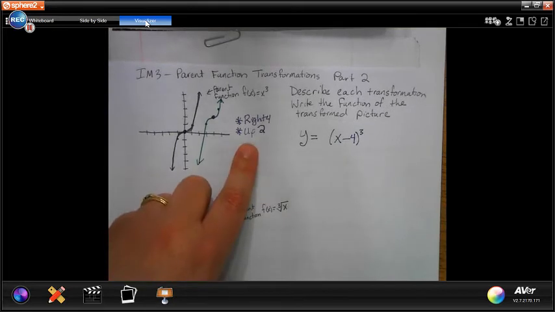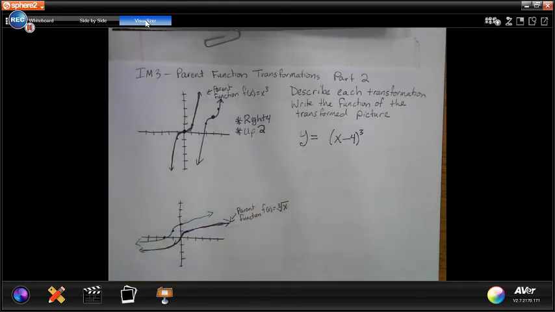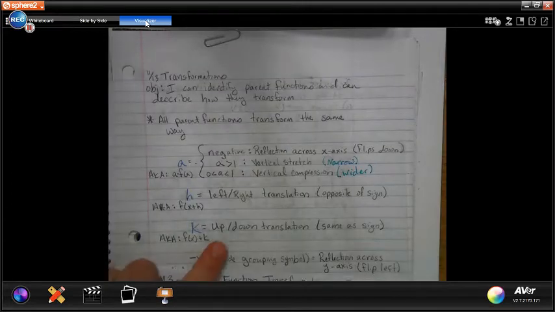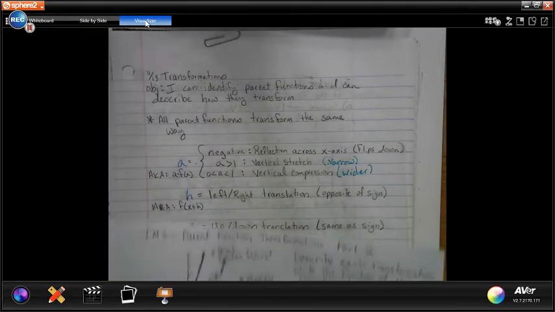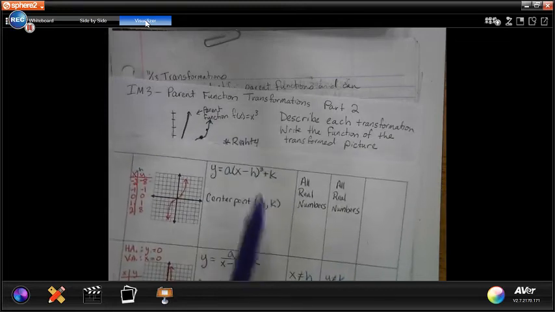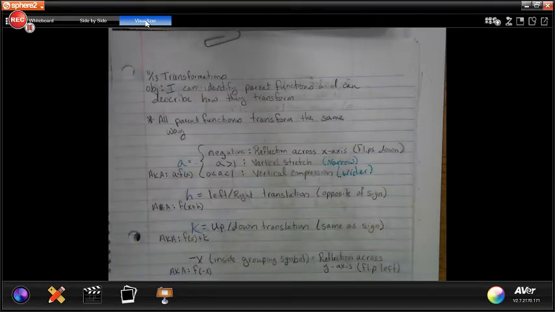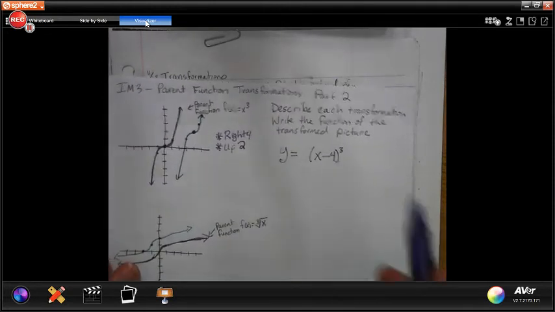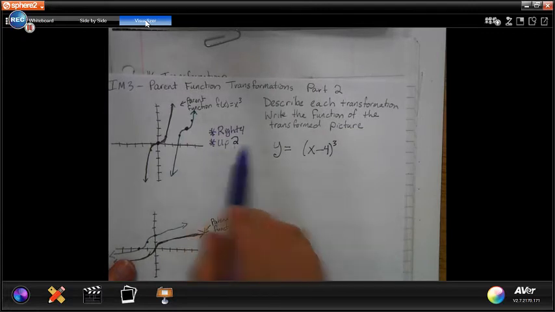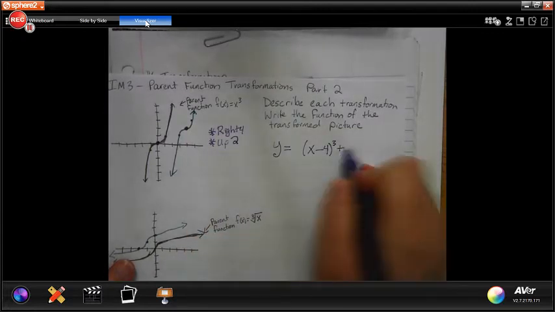Now we have up 2, and I did that one right. Up, down is K. K is after the parentheses, and it goes the same as the sign. Up is the positive direction on the graph, so +2.